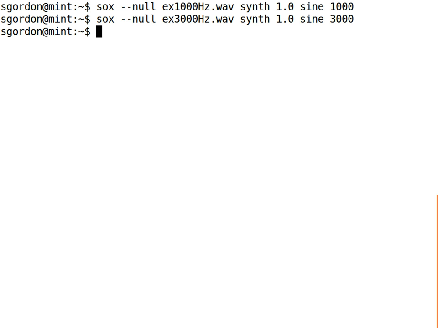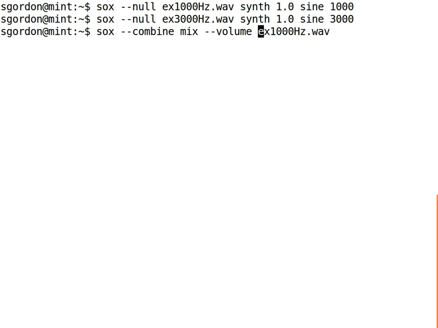And I can use SOX also to mix them together, if I can remember how. Combine them, or mix them. And I specify the file that I want to mix, the example 1000 hertz file. Because we want to specify a magnitude in the audio, the magnitude is the volume.